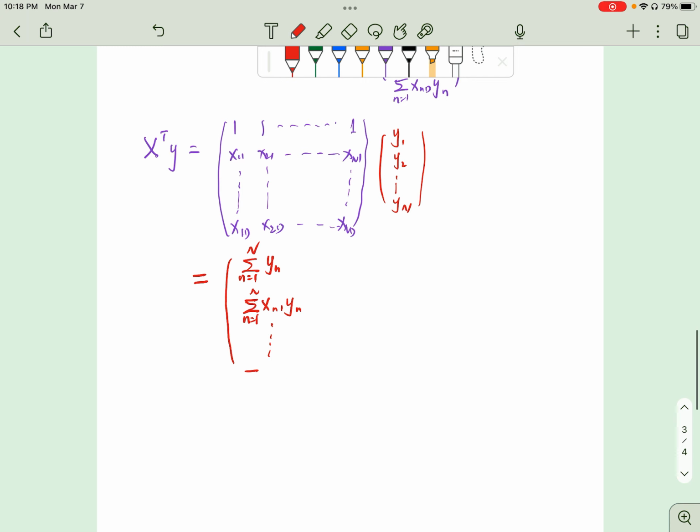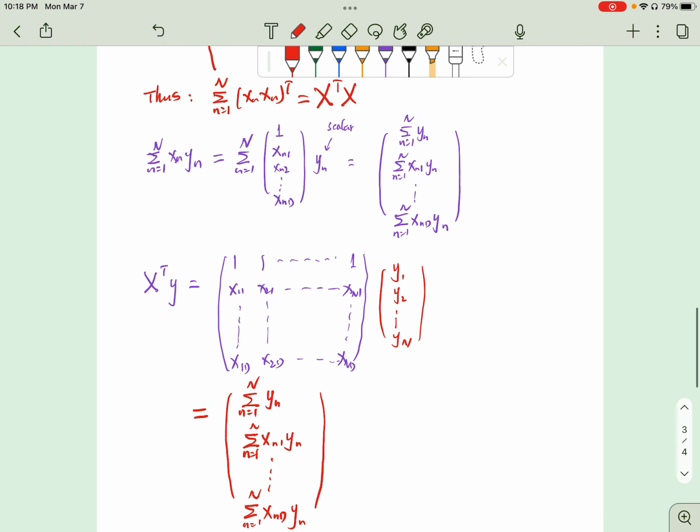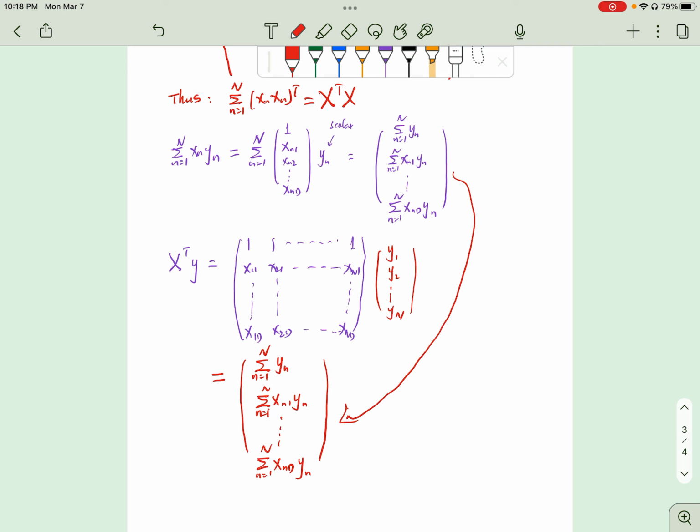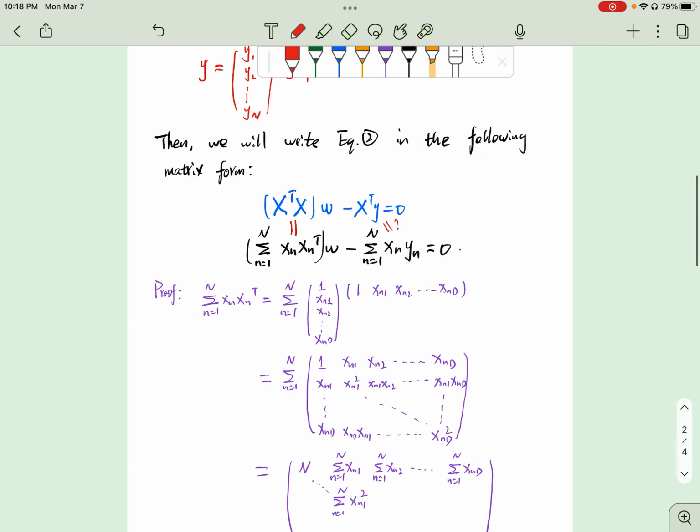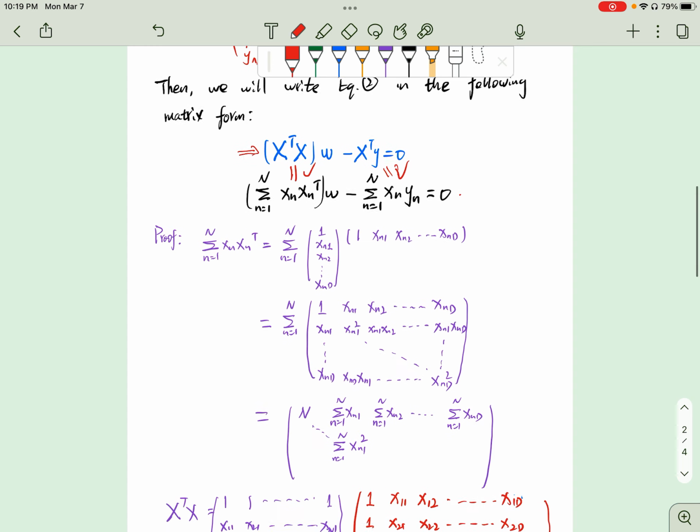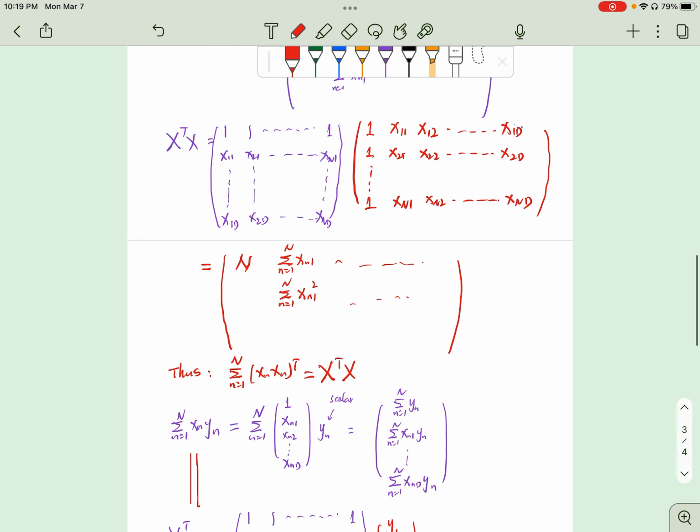And lastly we have the sum of xnd yn. So you can compare these two vectors now. You can find these two vectors are exactly the same. So we have proved that they are equal to each other. So we have proved this one, and we have proved this one. So we can definitely write in this matrix form. So proved.